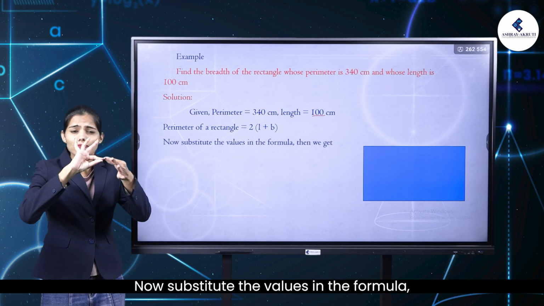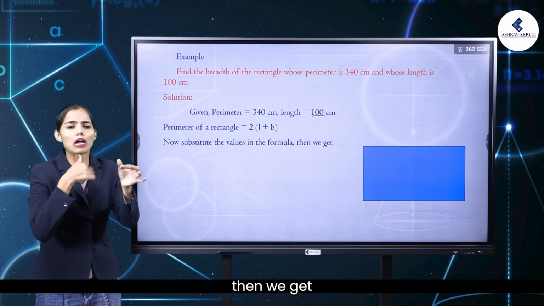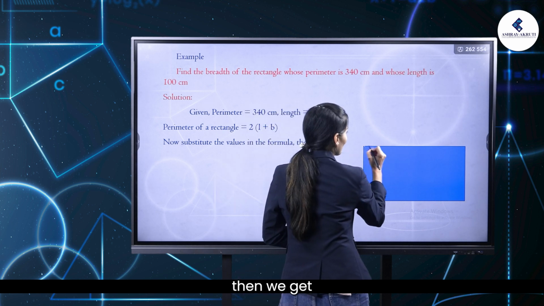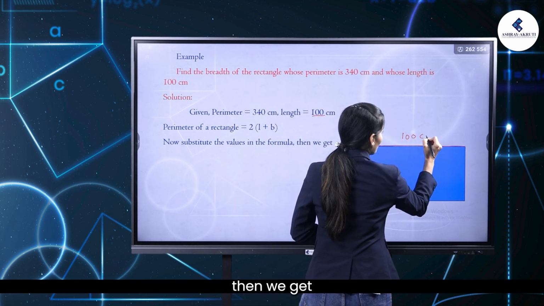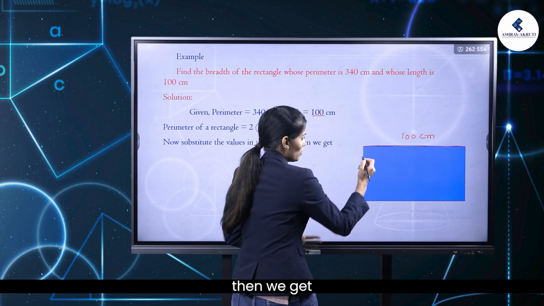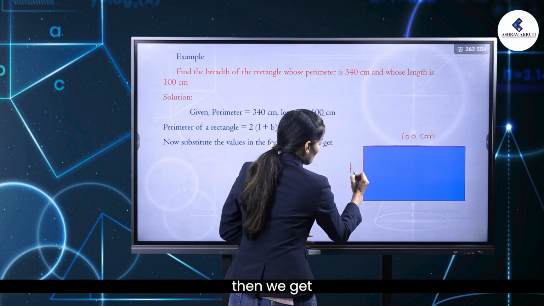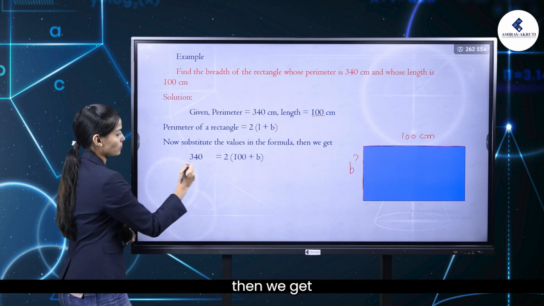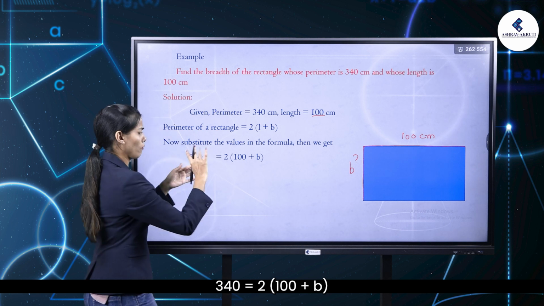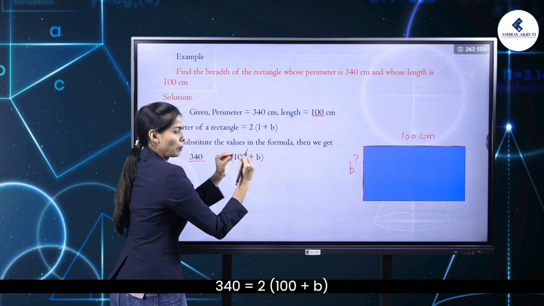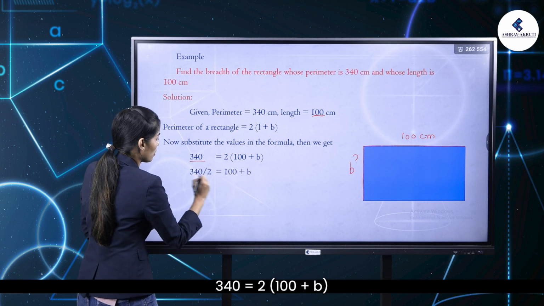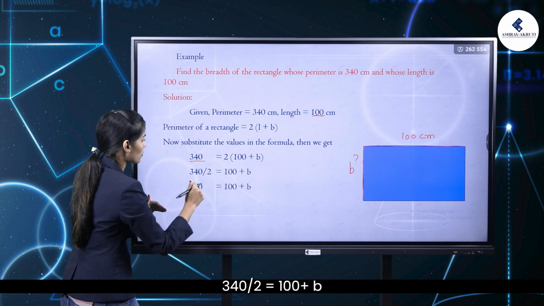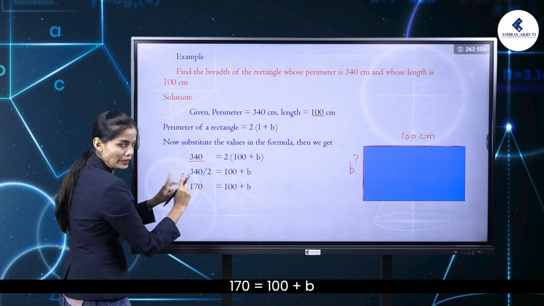Now substitute the values in the formula, then we get 340 is equal to 2 into (100 plus breadth). 340 by 2 is equal to 100 plus breadth. 170 is equal to 100 plus breadth.